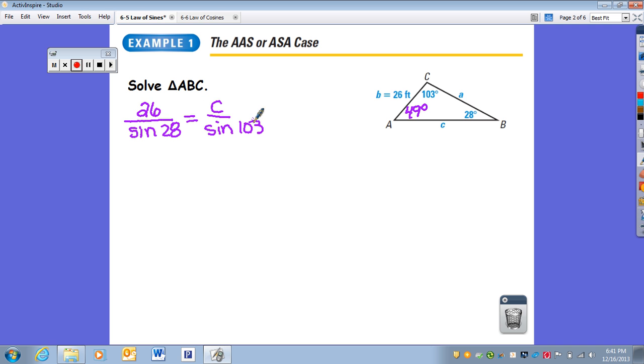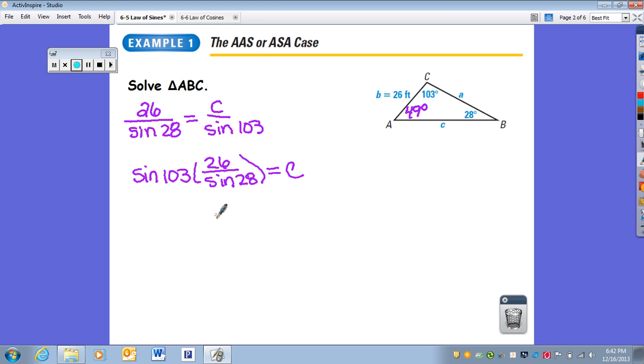The way that would work is we could use a proportion, or we can simply multiply both sides by the sine of 103 degrees. So we have our ratio of 26 to the sine of 28, multiplied by the sine of 103, and that is equal to the length of side c.